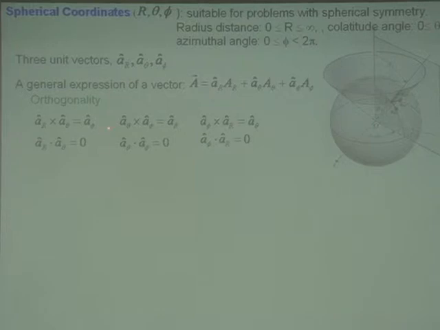But don't forget that if you change the order of the multiplication, you change the sense of the direction. 譬如说，这里如果是 A theta cross with AR，你这里要加一个负号，OK，所以它是有顺序的。那你要记得这个顺序是 R theta phi, right? AR cross with A theta give you A phi, but if you reverse the order, A theta cross with AR, then you have minus A phi.